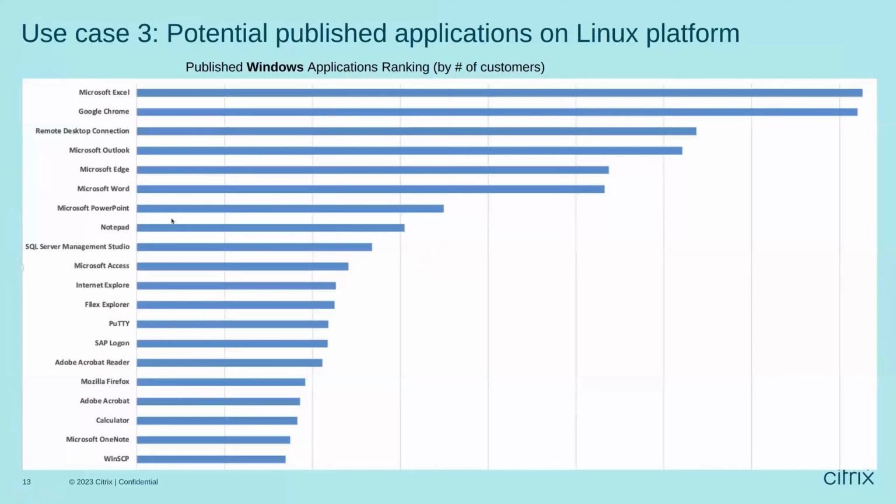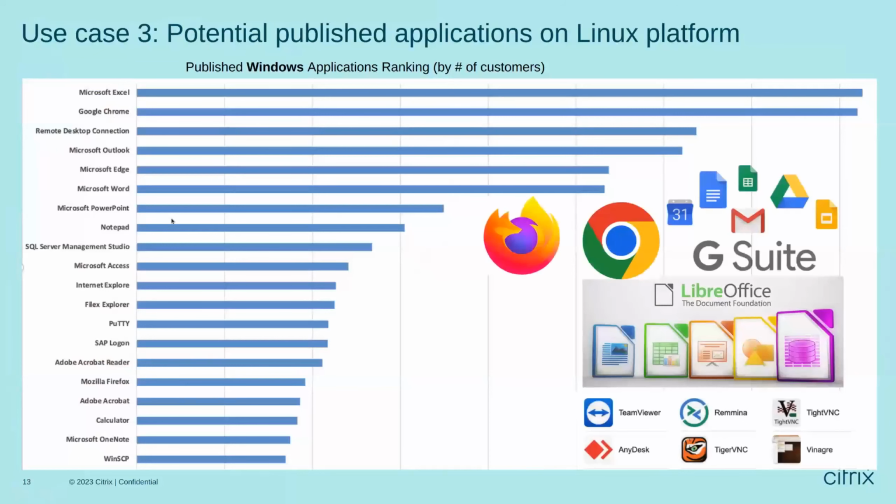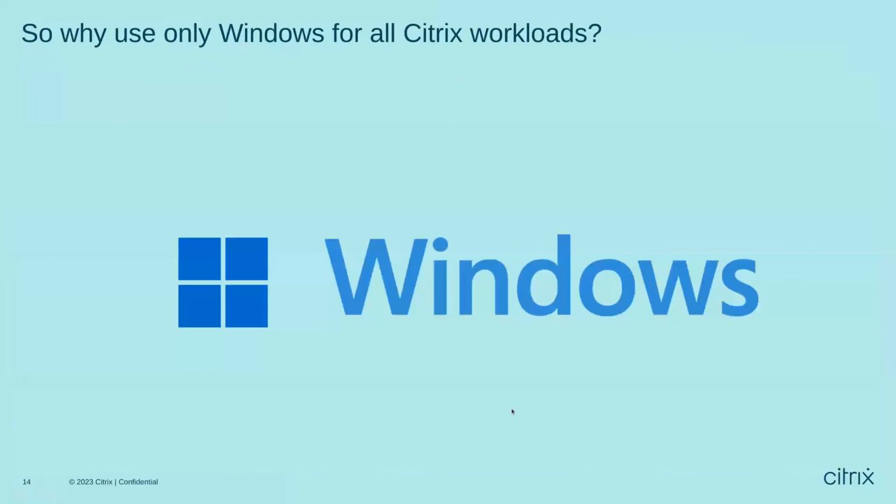If we map them with Linux, you see those logos: Firefox, Chrome, G Suite, LibreOffice, a bunch of remote desktop solutions. All those work well in the Linux world. Yeah. So why we only use?